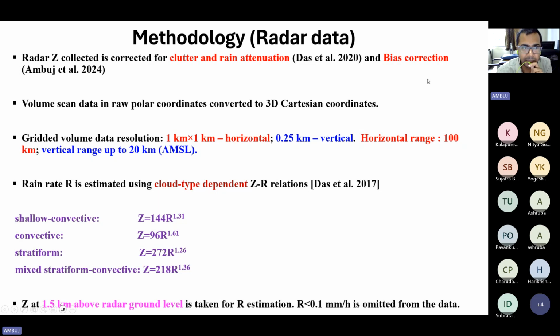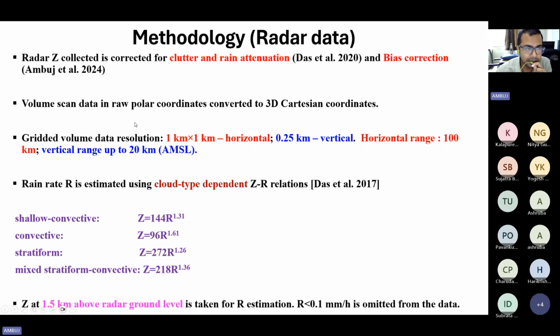We also did bias correction because during the analysis we found that there is a significant bias in radar Z, due to which the rain estimation obtained from ZR relationships was not accurate. Therefore, we corrected Z for bias and then used the bias corrected Z for estimating rain rate over the radar domain. Details of those corrections I'm not providing here, considering the time limit.